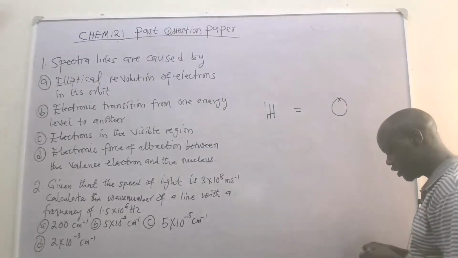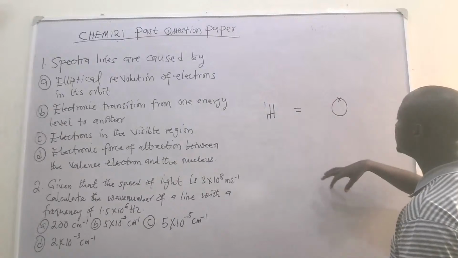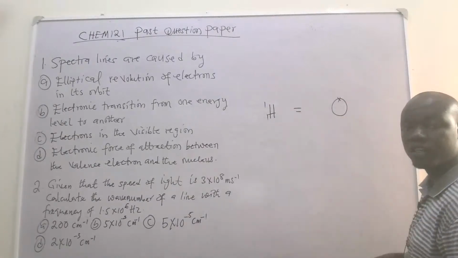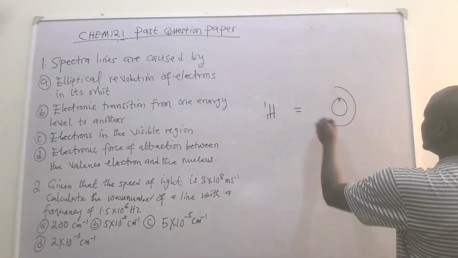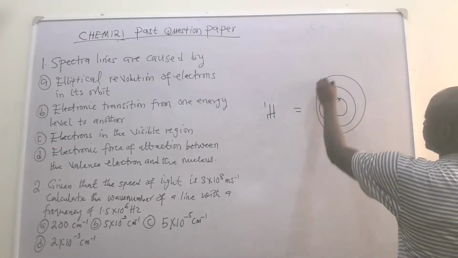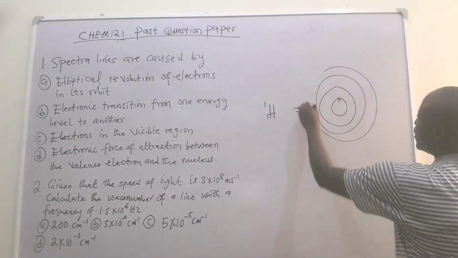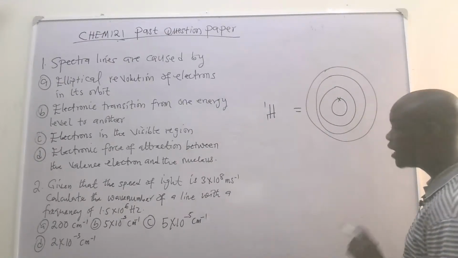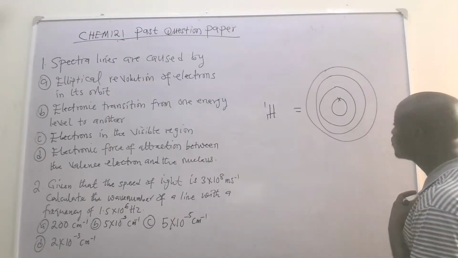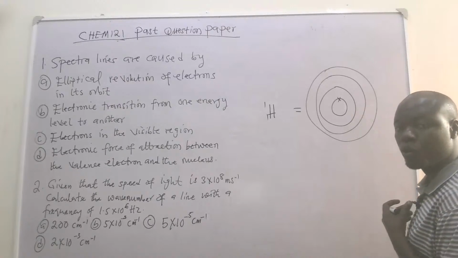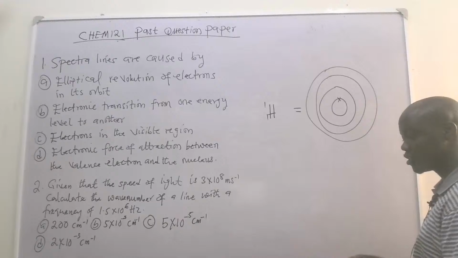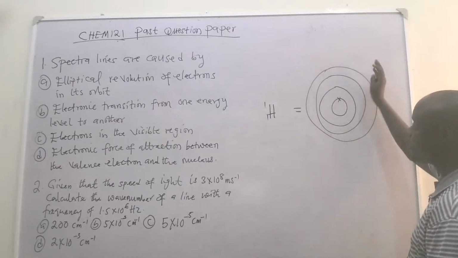After you draw the electronic configuration, there are some shells that remain invisible. And in atomic spectra, electrons can be emitted from one energy level to another, or transit from one energy level to another.